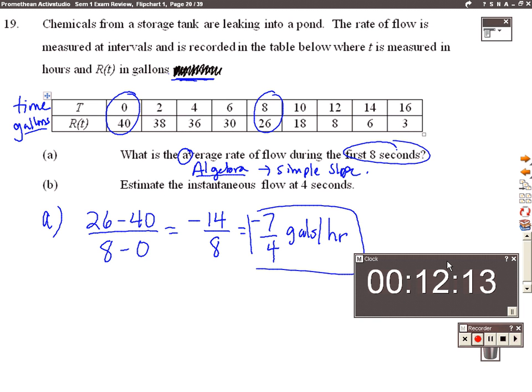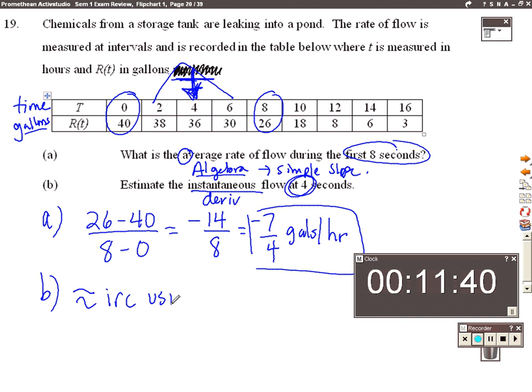It's really just considering the difference between average rate of change and instant rate of change. In letter B, they're looking for the instant rate of change, which we know is code for derivative, and we're trying to find the derivative at 4 seconds. When we're in a table and trying to approximate the instant rate of change, we borrow 1 point to the left and 1 point to the right, and approximate the instant rate of change using the average rate of change, which is again simple slope.